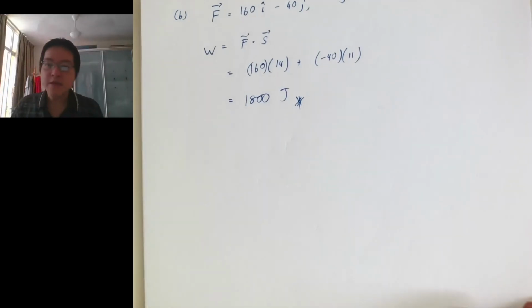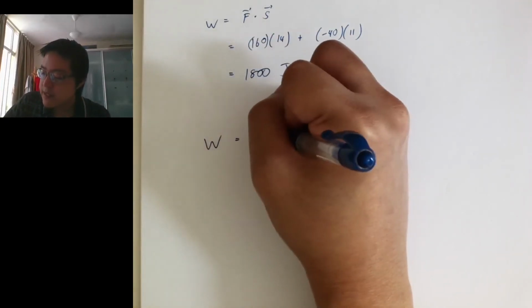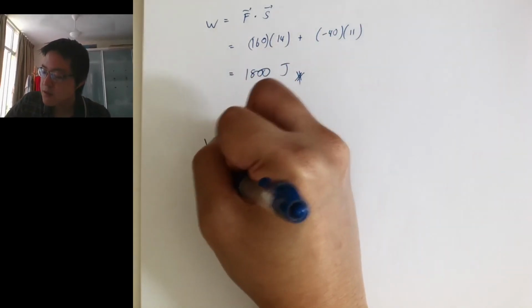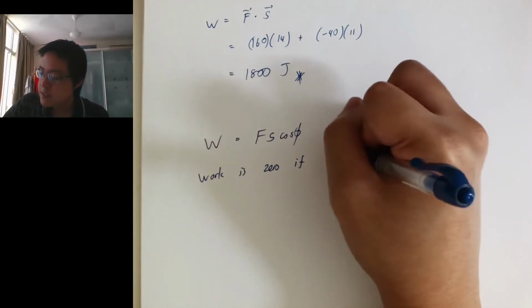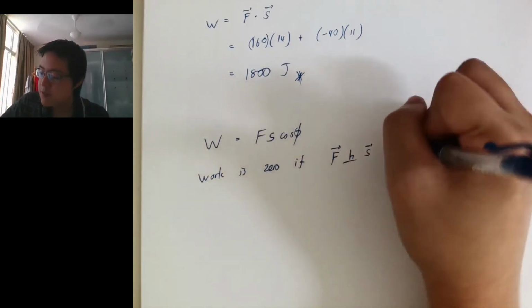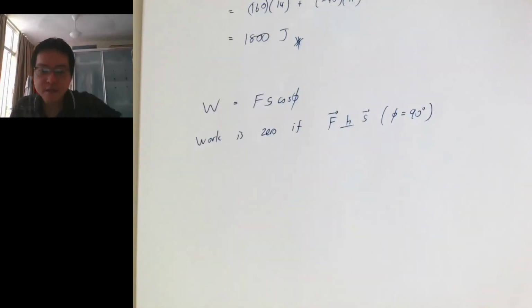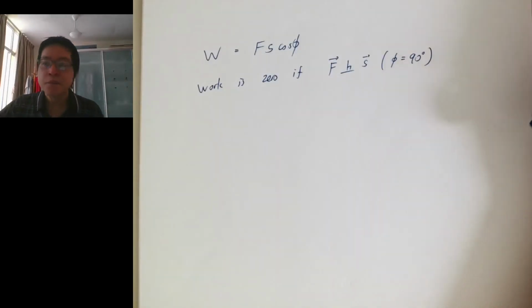One thing to observe is that my work done formula is Fs cos phi. So work done is 0 if my force is perpendicular to the displacement, because my angle is 90 degrees, and cosine 90 degrees is 0.